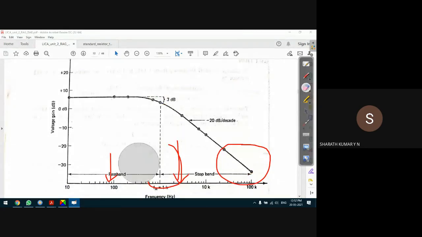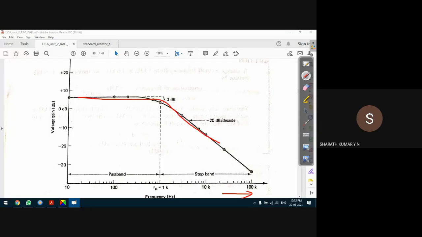This is the gain, this is the frequency. As the frequency increases, the gain gradually reduces at a rate of minus 20 dB per decade, or minus 6 dB per octave, if we are measuring in terms of octave.